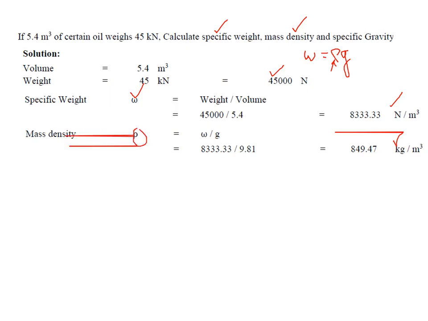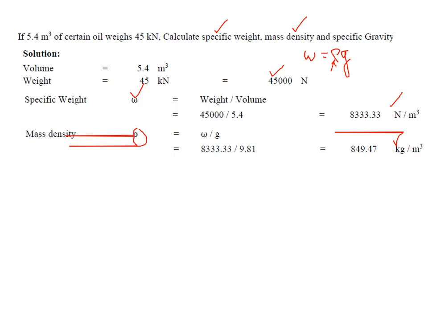Now specific gravity. Specific gravity of oil is specific weight of oil, which is 8333.33, divided by specific weight of water, which is 9810. Or you can also find specific gravity by mass density of oil, which is 849.47, divided by mass density of water, which is 1000.